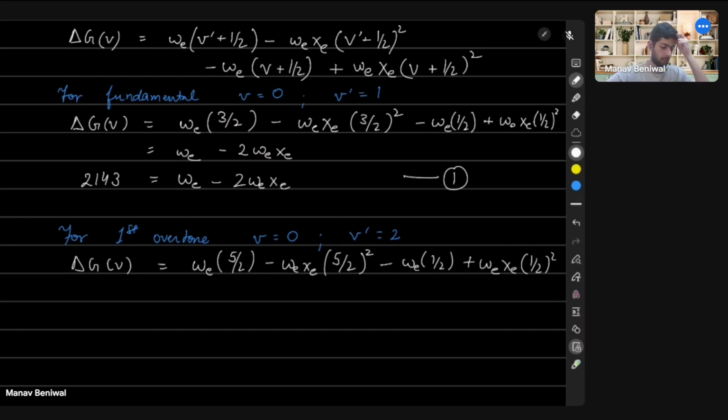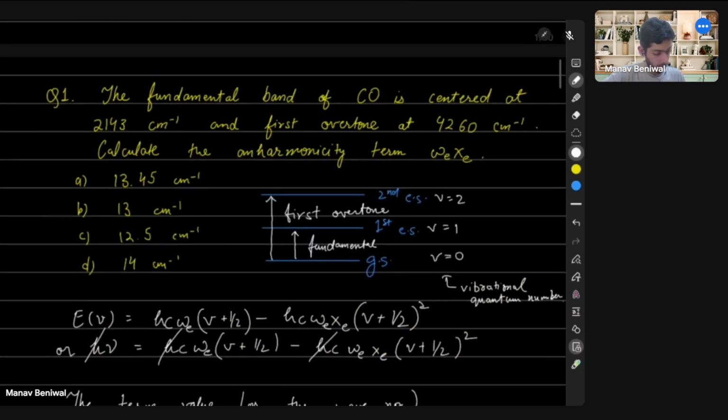So this becomes 5 by 2 minus 1 by 2, which is just 2, and 25 by 4 minus 1 by 4 is 24 by 4, so this is then 6. And this value is also given to us, 4260, right? Let me check. Yes.